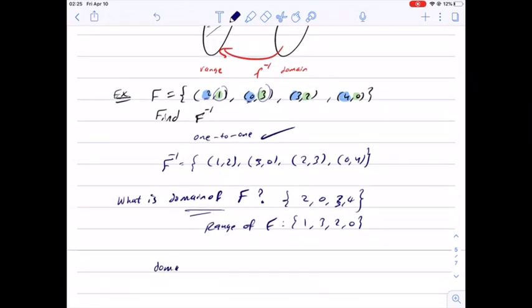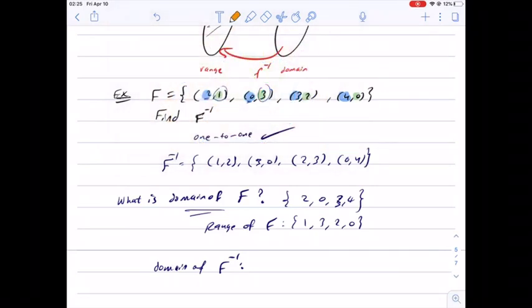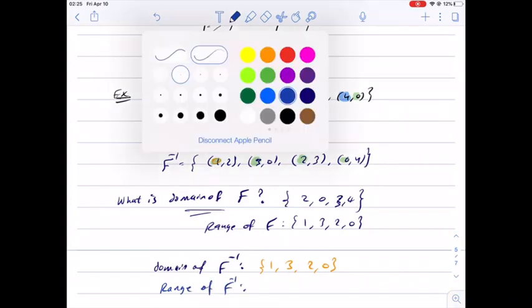Now, what is the domain of f inverse? The domain of f inverse is 1, 3, 2, 0. And what is the range of f inverse?